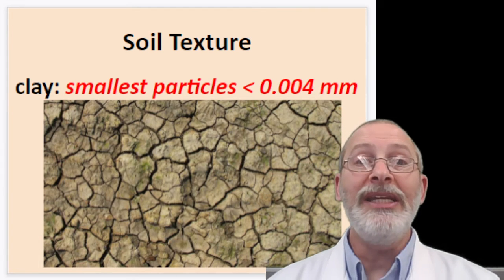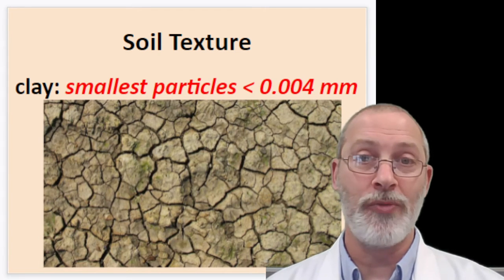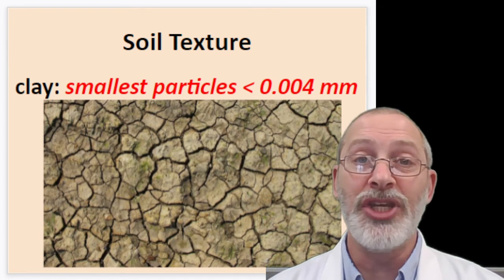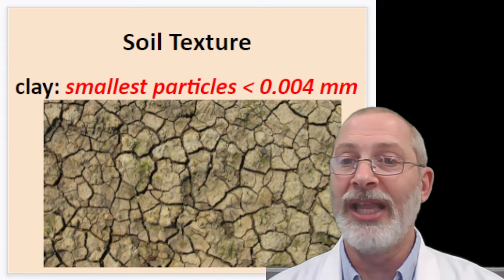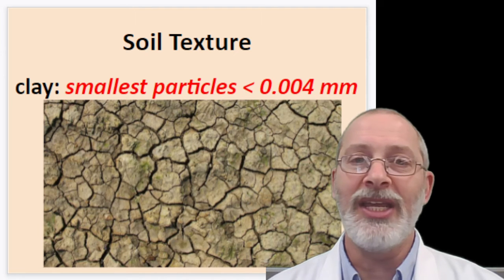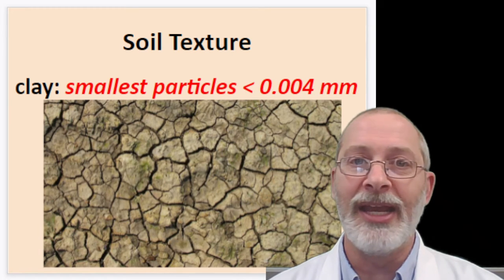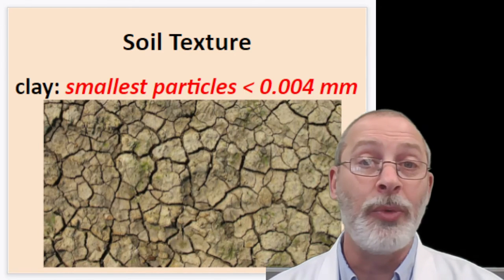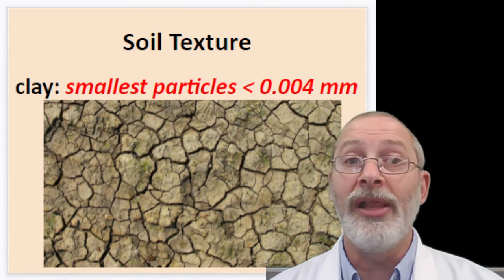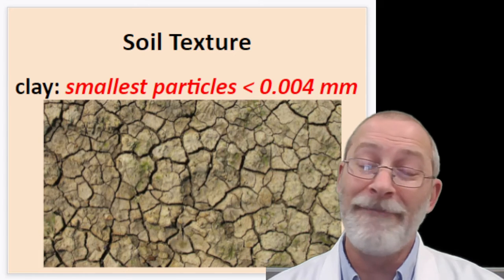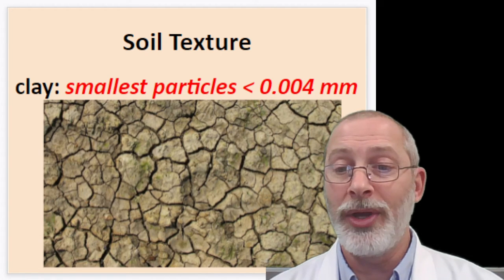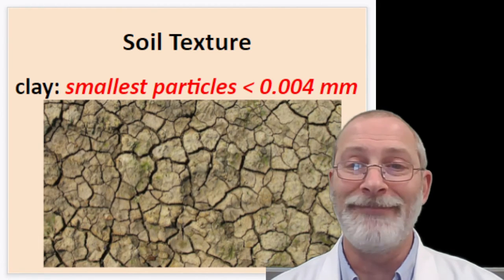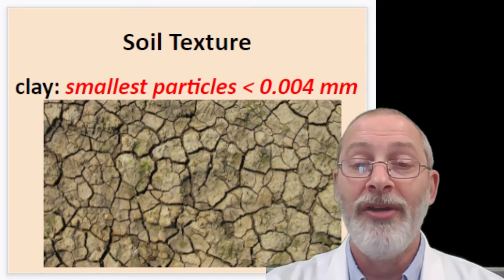You literally need a microscope to see the individual grains of clay. You cannot see clay with the unaided eye. You can feel it, you can play with it. I'm sure you've played around with clay, maybe in art class. But as far as seeing it in the soil, particle size wise, yeah, it's too small for us to see.